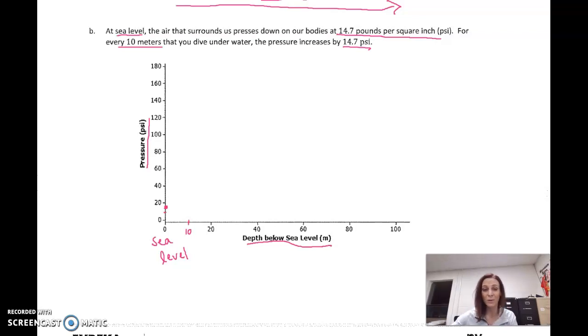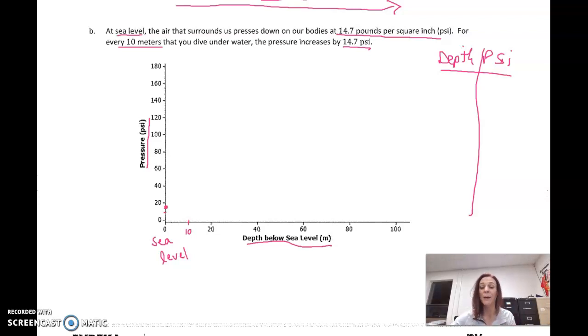So if it's increasing 14.7, okay, even if you make a little chart here, right? Here's our depth, PSI.